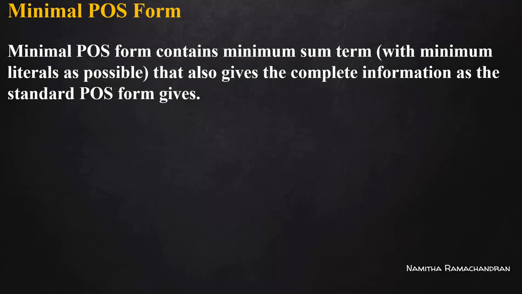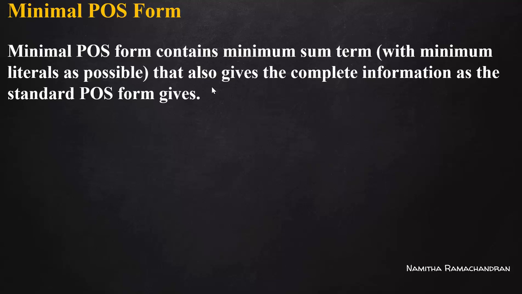Okay. Next is about the minimal POS form generation. What is this minimal POS form? Minimal POS form contains the minimum number of sum terms with as few literals as possible, that also gives the complete information as the standard POS form gives. If you are given a standard canonical POS form, sometimes we can reduce the number of sum terms in it.